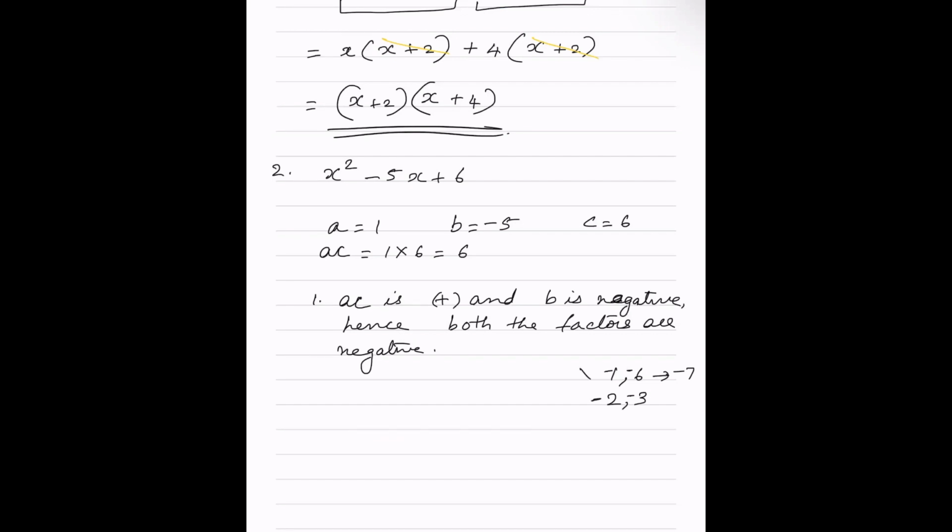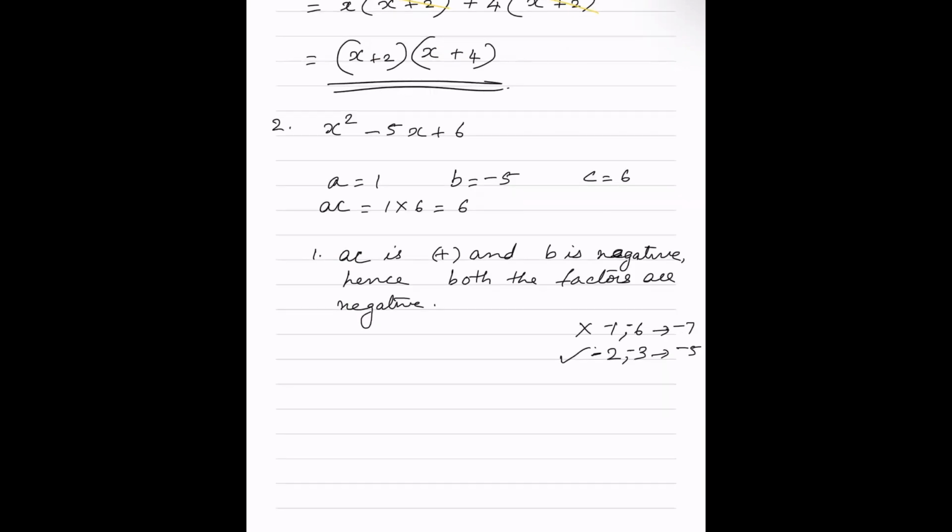So this is ruled out. You cannot take negative 1 and negative 6 as the factors, because when you add, you are getting negative 7. Now, take negative 2 and negative 3. Negative 2 plus negative 3 gives you negative 5. So these are the factors that we need to consider. So the factor pair is going to be negative 2 and negative 3.